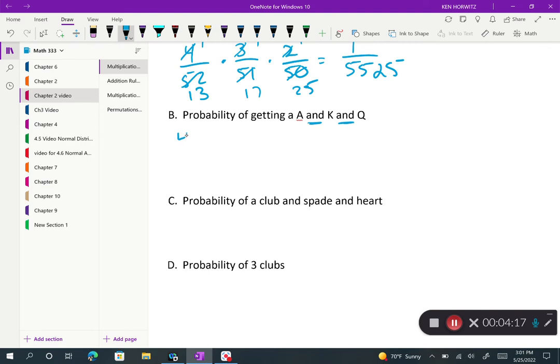Well, there's 4 out of 52, and a king. So there's still, right, if I drew an ace, there's still 4 kings in the deck, but now I have out of 51. And there are still 4 queens in my deck, but now I only have 50 cards left.